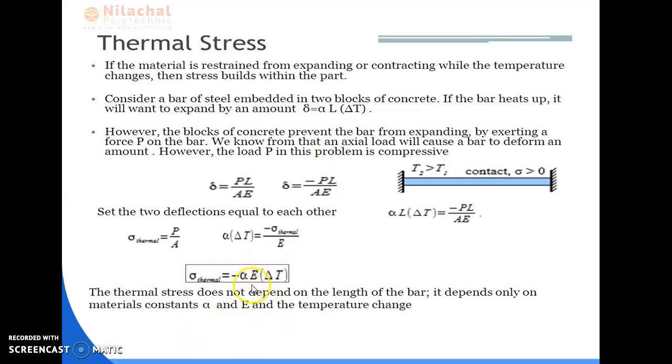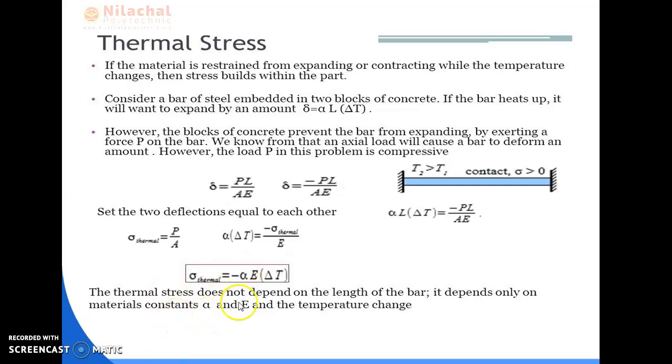Now we get alpha into E into del T. The temperature stress is expressed as alpha into E into del T, where del T is the change in temperature, E is Young's modulus of elasticity for the material of the rod, and alpha is the coefficient of thermal expansion.